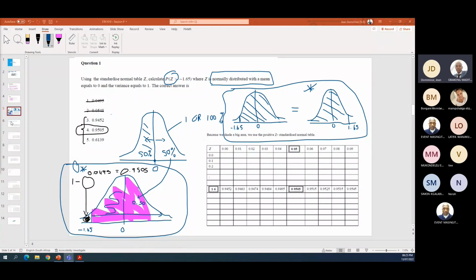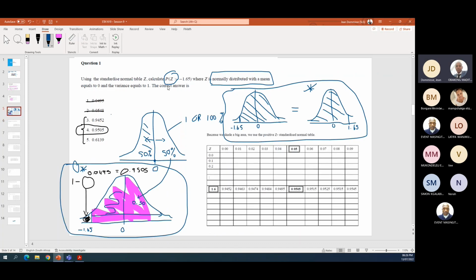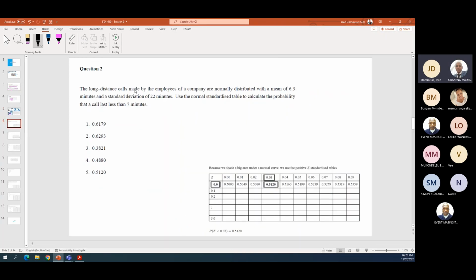Okay, so let's continue. So you will see that sometimes they give it to you as a question to calculate, but they just tell you you need to calculate what is the probability of Z bigger or smaller or anything like that, or they can give it to you in the format that you need to calculate the Z, so that you don't know what the Z is.